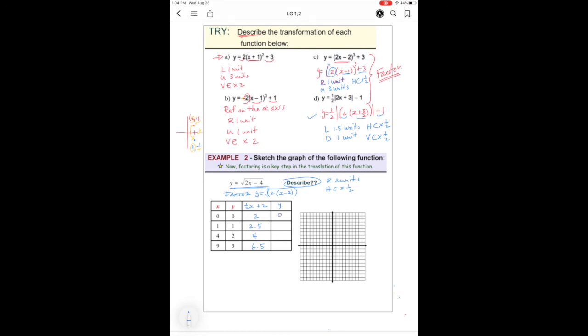And now put 0, 1, 2, and 3. And now we can sketch (2, 0), (2.5, 1), (4, 2), and (6.5, 3). And that's what's going on.